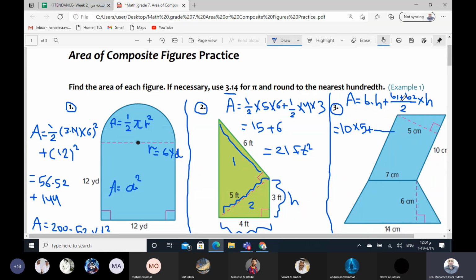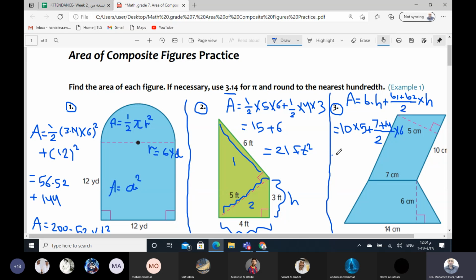Here we have B1 7 plus B2 14 over 2 times the height of the trapezoid, as you see here, will be 6.